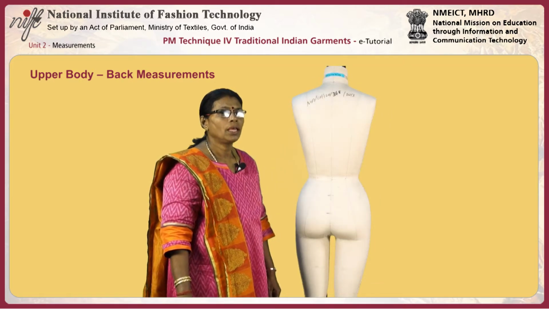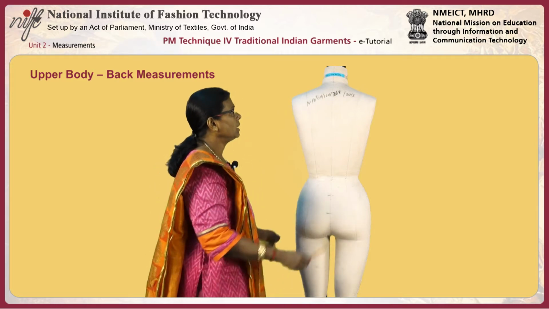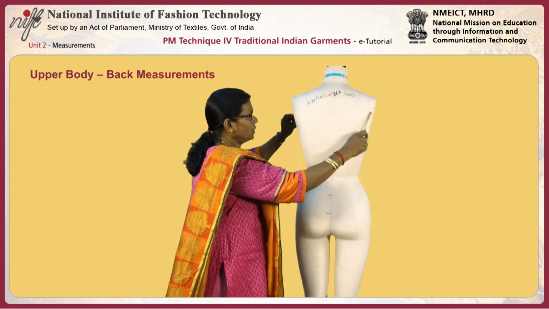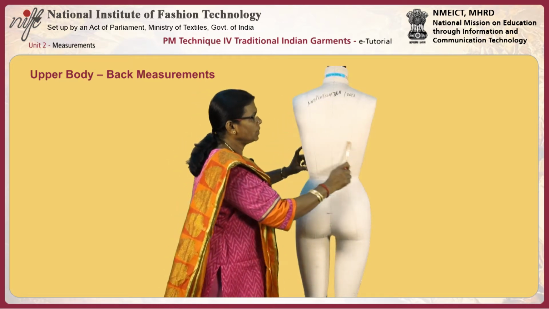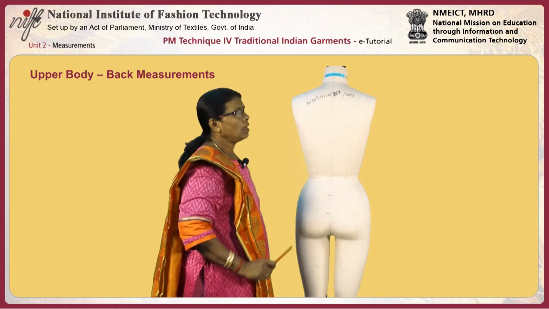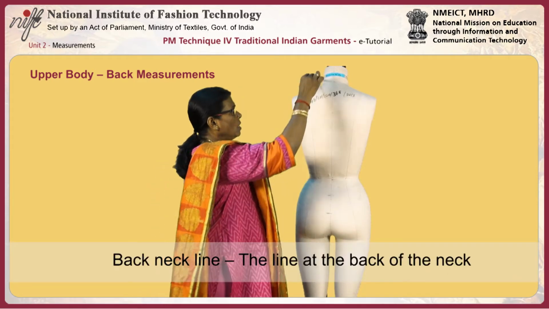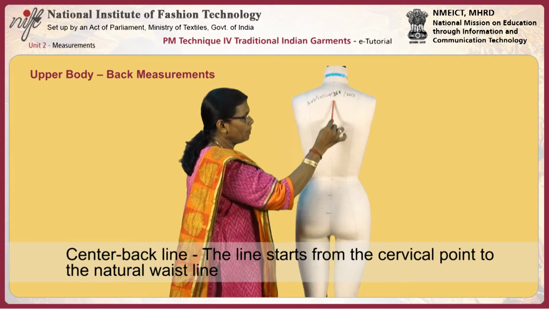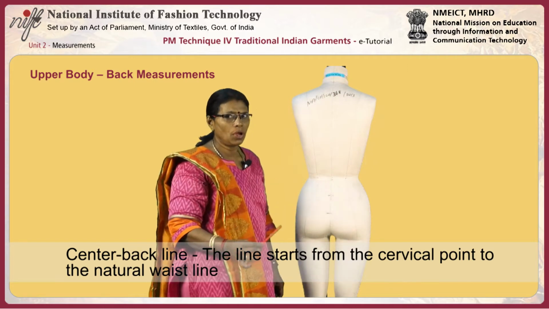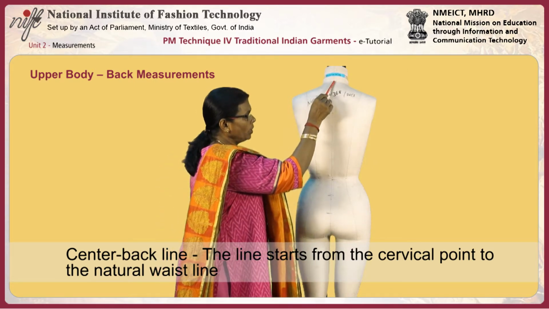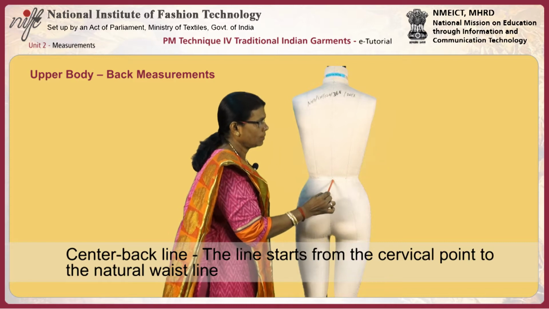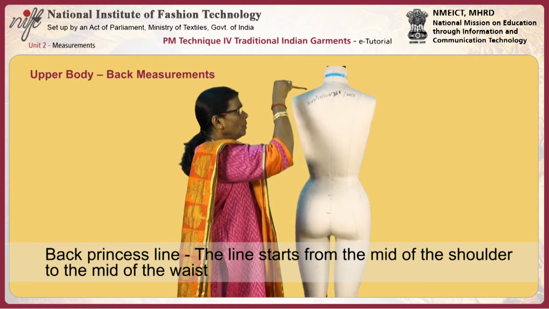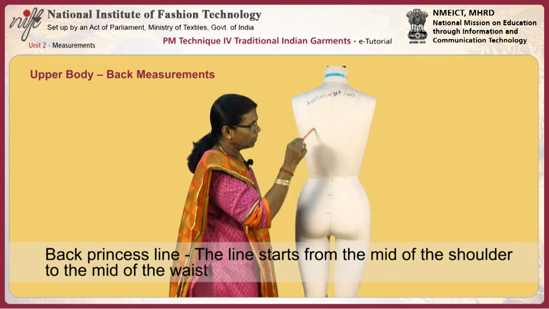As in the front, the back also has the same shoulder area, then chest area and the waist area. The lines are the back neckline and the center back line, which starts from the cervical point to the natural waist length, and a back princess line starts from the mid of the shoulder to the mid of the waist.